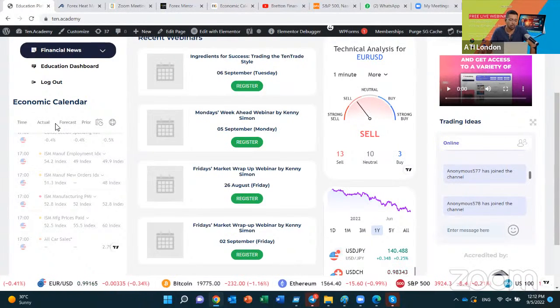I personally never look at the numbers so much, but it's crucial for us to understand what's going on at this moment in terms of the change of policies and various other economic regulations and rules that move the market in major economies like the States, the Eurozone, and the UK.